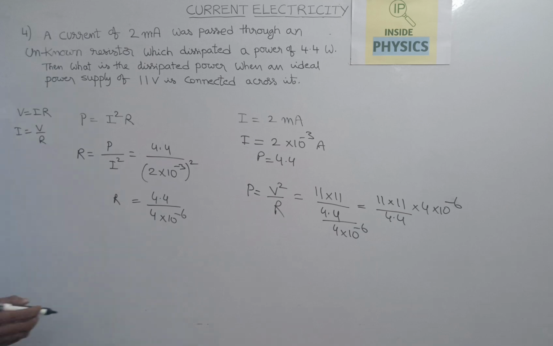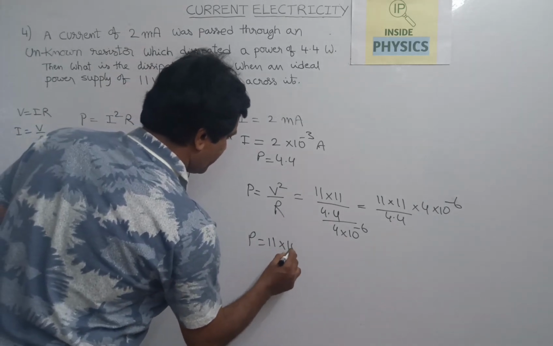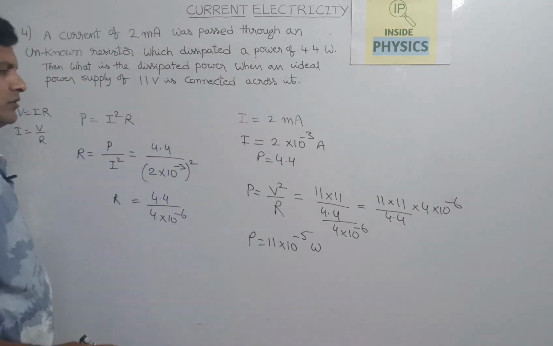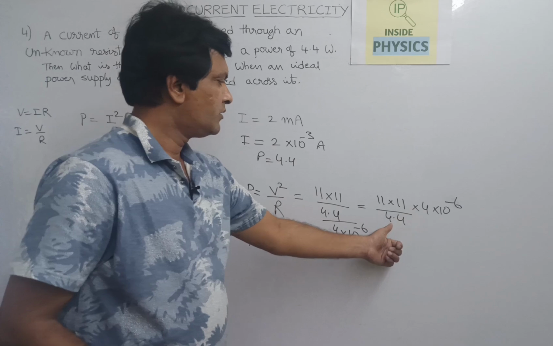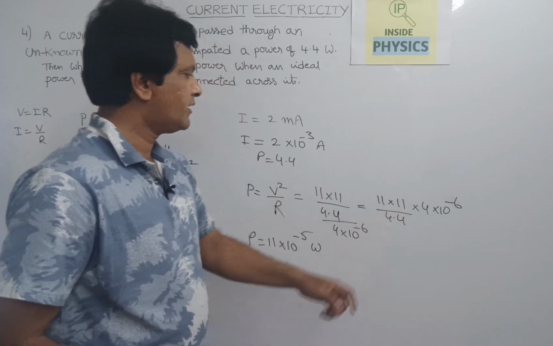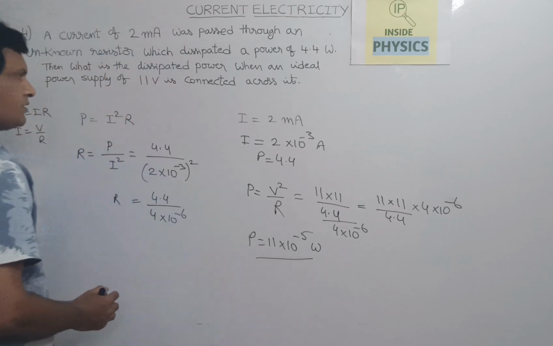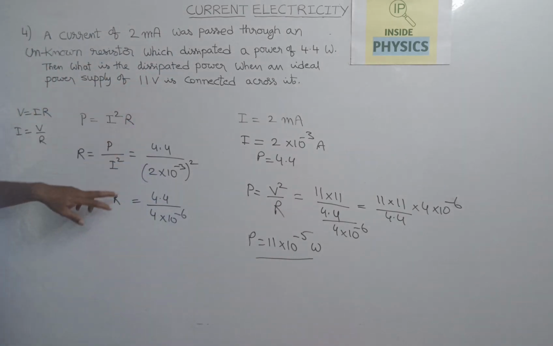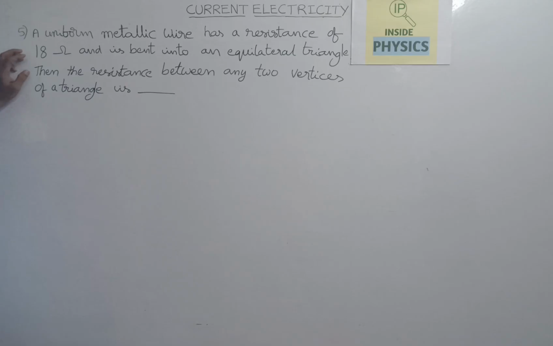Power is equal to 11 into 10 to the power of minus 5 watts. So this 4.4 into 10 to the power of minus 6, this 11 can be taken into consideration. So this is the power dissipated when 11 volts is connected across the resistor of resistance this many ohms. See the fifth problem in this session.